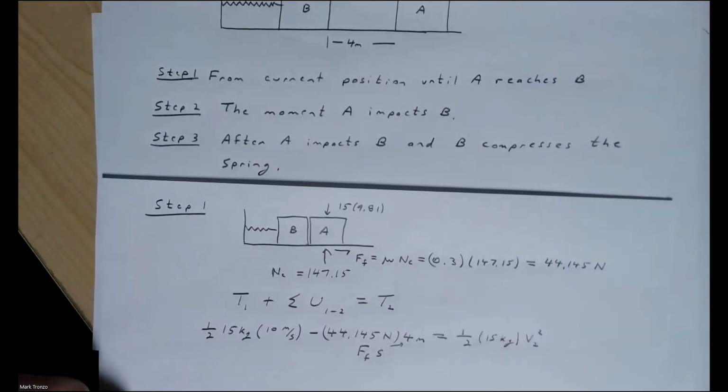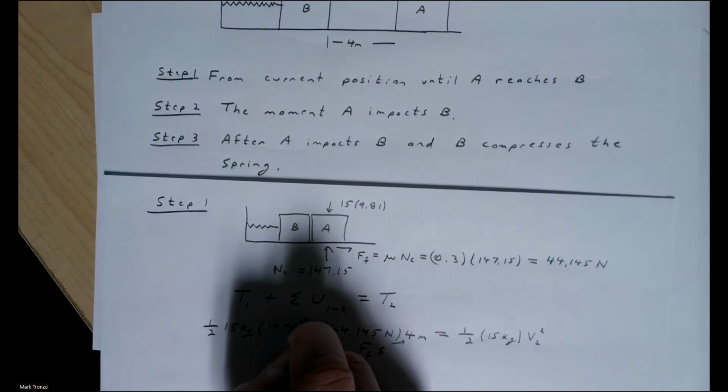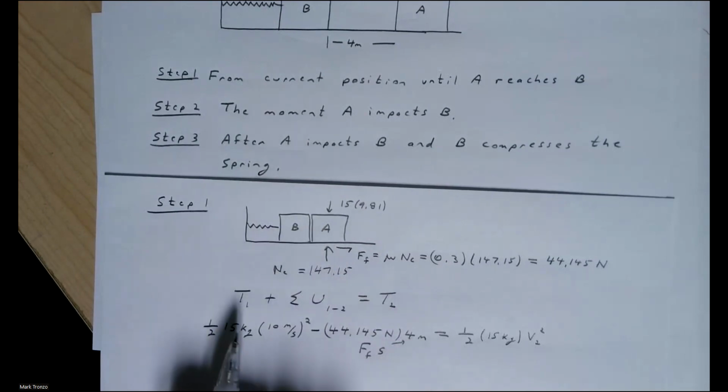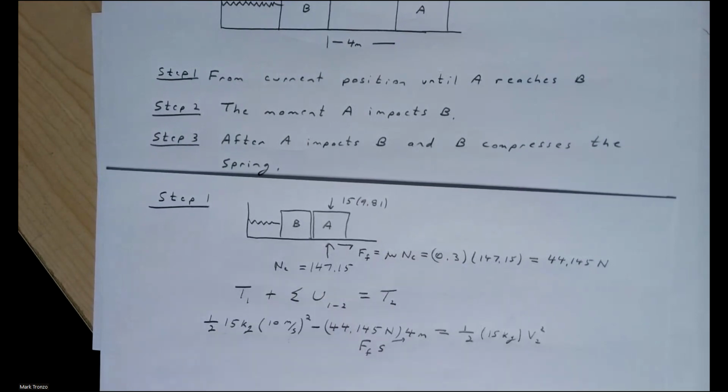Again, that's going to be the velocity just before impact. Oh, by the way, I forgot the square here. The kinetic energy is 1/2 mv squared, so there should be a square right here.